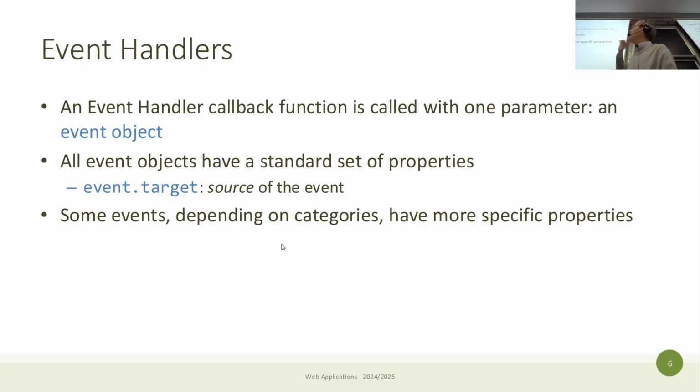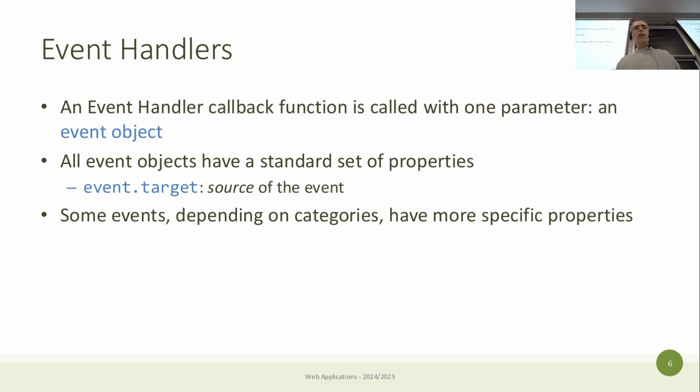An event handler, we already saw what it is. It's just a callback function. It's called with one parameter, remember, an event object, and we have access to the element that created the call to the callback through event.target. It's called target, but remember it's the source of the event, so it's the input where the user has changed something, and so on, if we attach it to the onChange event.